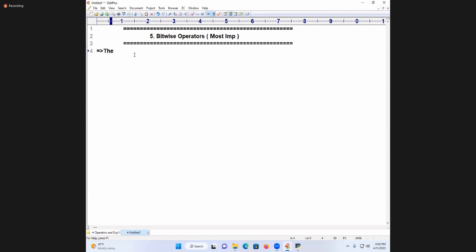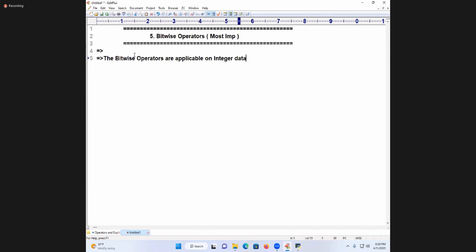Now look at that. Purpose I'll write after 2 minutes, first line I will fill up. So I'm writing here the bitwise operators. The bitwise operators are applicable on which data?